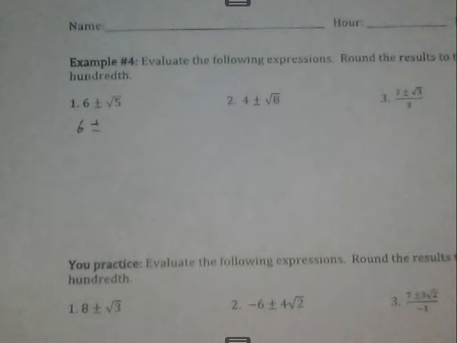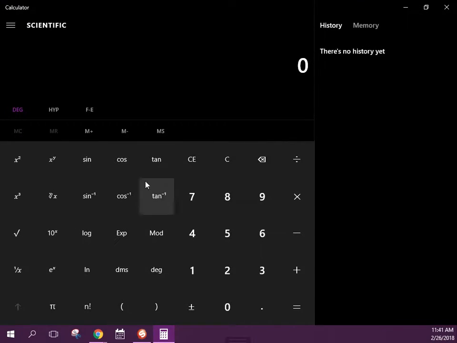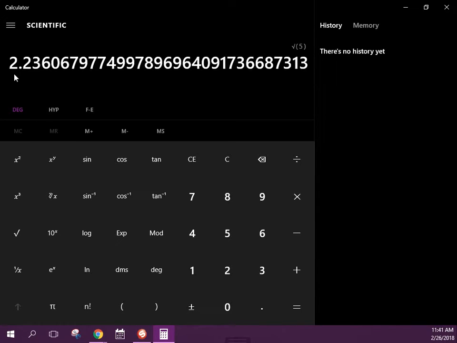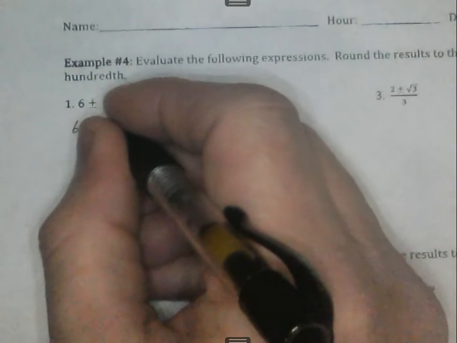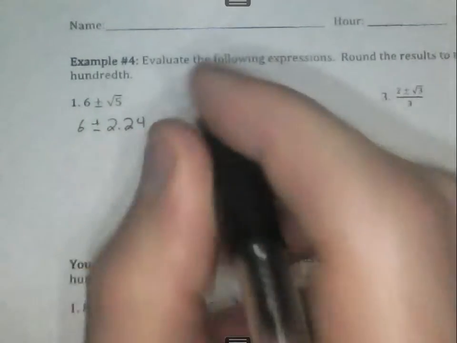If I do the square root of 5 in my calculator, it gives me 2.24. So this will be 6 plus or minus 2.24.